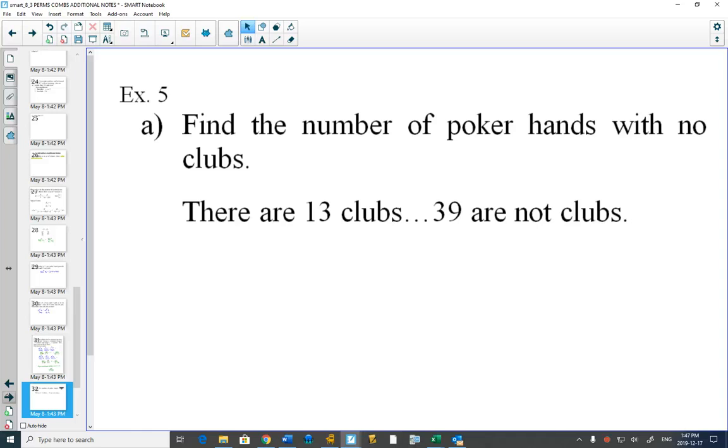Yes. Did I get no clubs? Oh, I did bad. I got 3 clubs. Man, how could I, if I wanted to take 5 cards out of here and get no clubs, how could I guarantee that I could do that?